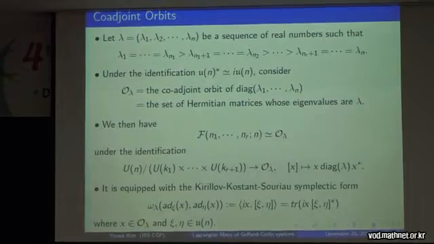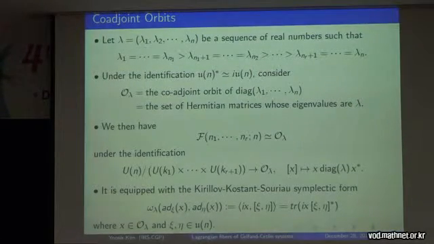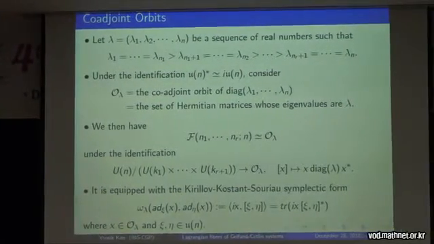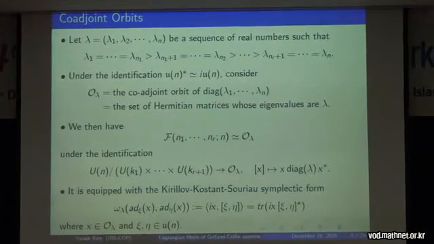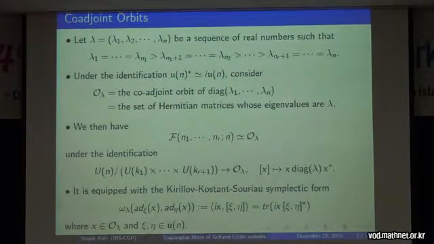In down-to-earth terms, O_lambda is simply the collection of Hermitian matrices whose eigenvalues are exactly lambda. Then we can easily see that the partial flag manifold can be identified with O_lambda under the conjugation action. Then it becomes a symplectic manifold with the Kirillov-Kostant-Souriau symplectic form.